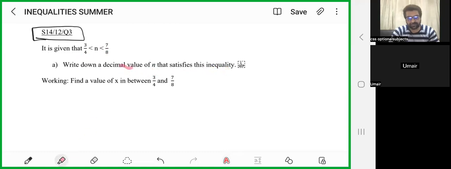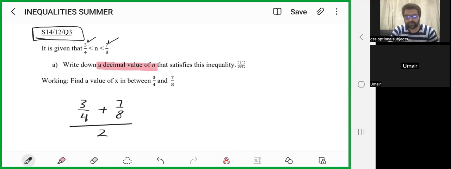You have to write a decimal value of n so that the value of n must fall between 3 over 4 and 7 over 8. Whenever you have to find a value which must be between two given numbers or two fractions, the process is that you add both of these fractions, 3 by 4 plus 7 by 8, and divide their result by 2.